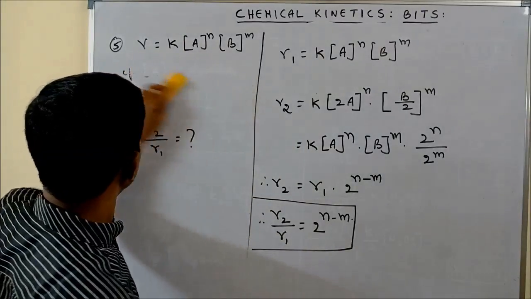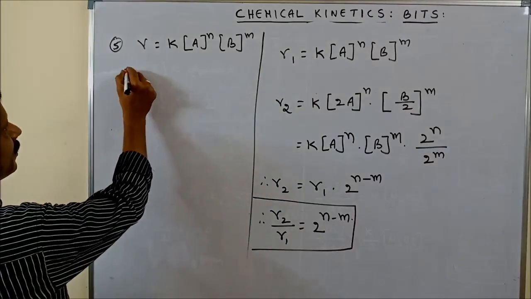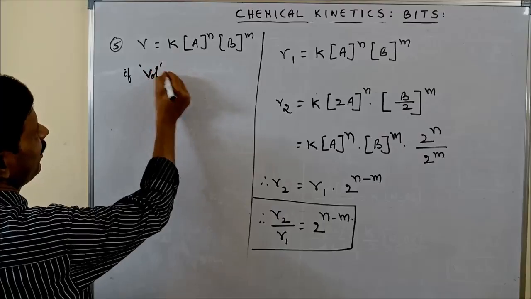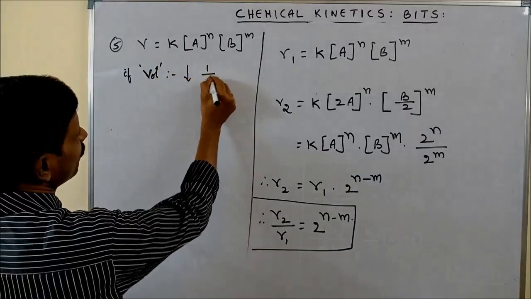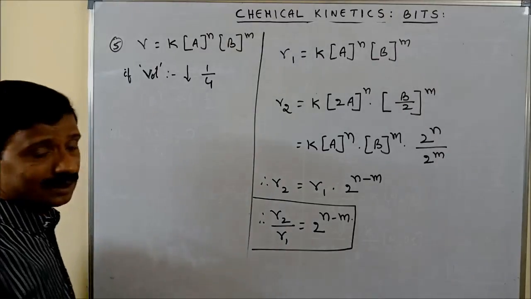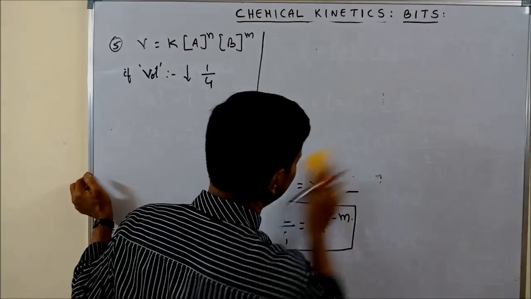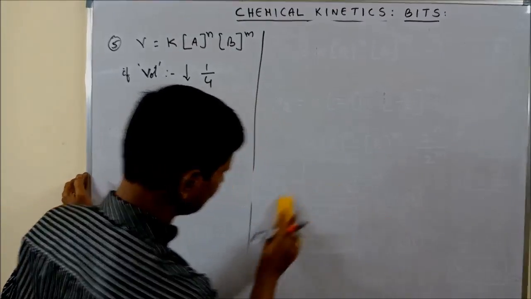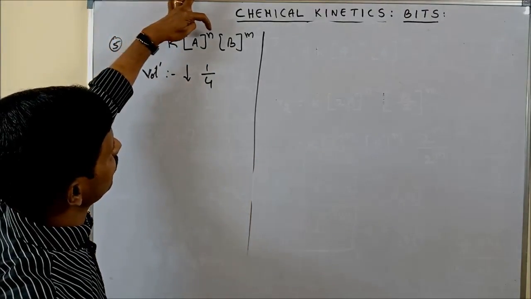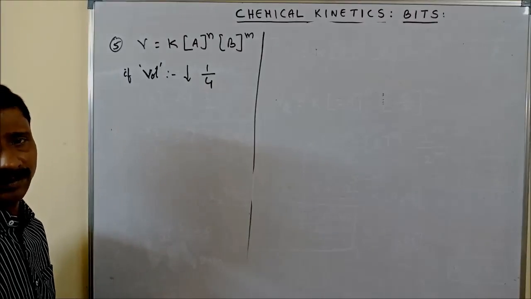Suppose the volume of the vessel is decreased to 1/4 of its initial volume, then what is the ratio between the new rate to initial? Same concept. For that, in place of this N or M, we can keep the same values.